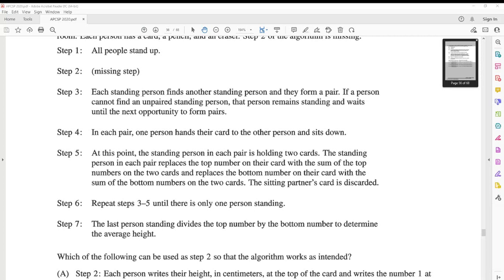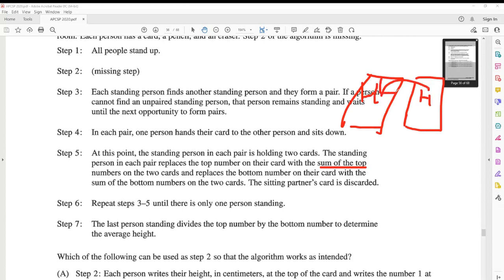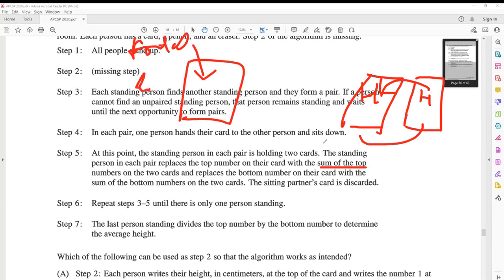The standing person in each pair replaces the top number on their card with the sum of the top numbers of the 2 cards, so height 1 and height 2 are summed up onto a certain card. The bottom numbers are also summed together, so 1 plus 1. Each card's top number is the total of the heights, and the bottom number is the number of people calculated on that card.